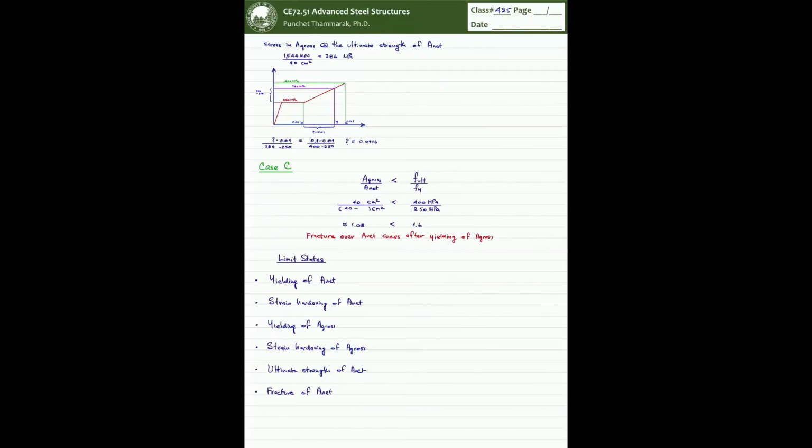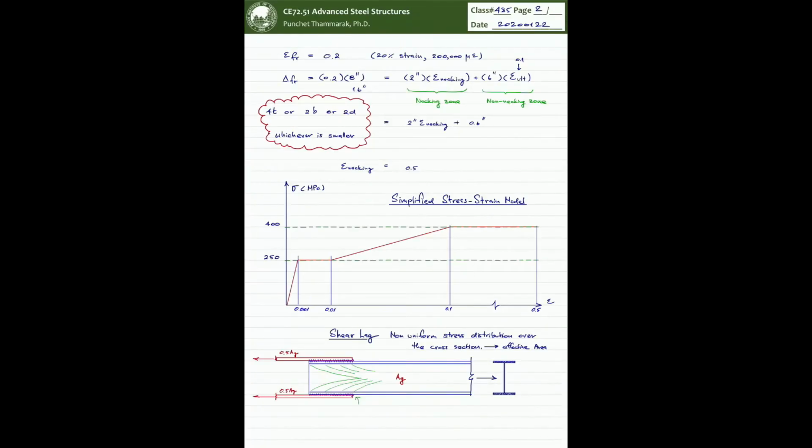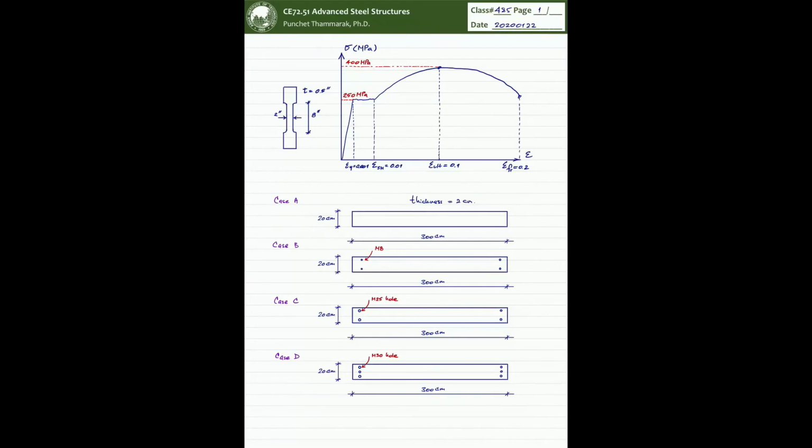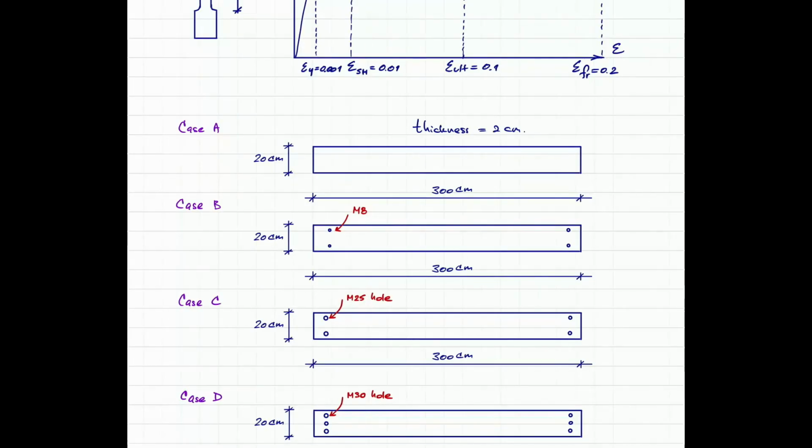40 minus what? Now it is M25. The cross section you had, 25 add up to 50 millimeters or 5 centimeters. 5 centimeters multiplied by the thickness of 2, then you get 10 square centimeters. 10 square centimeters will be gone from 40. Alright, 10 out of 40.